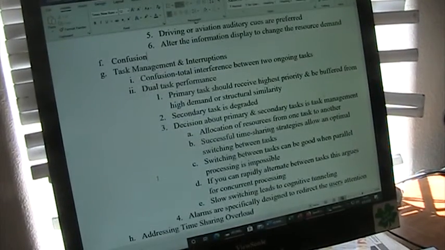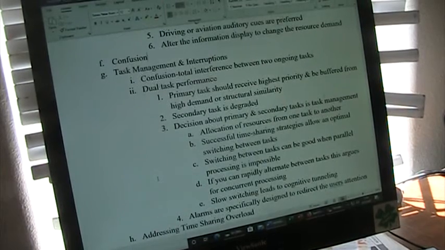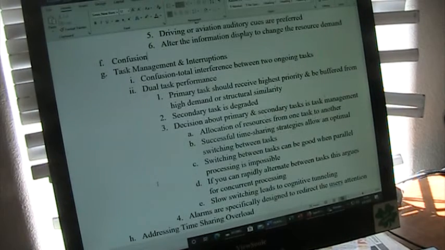All right, so let us begin talking about task management and interruption. We're going to have confusion when there's total interference between two ongoing tasks. In fact, maybe even without total interference, we'll have that kind of confusion.